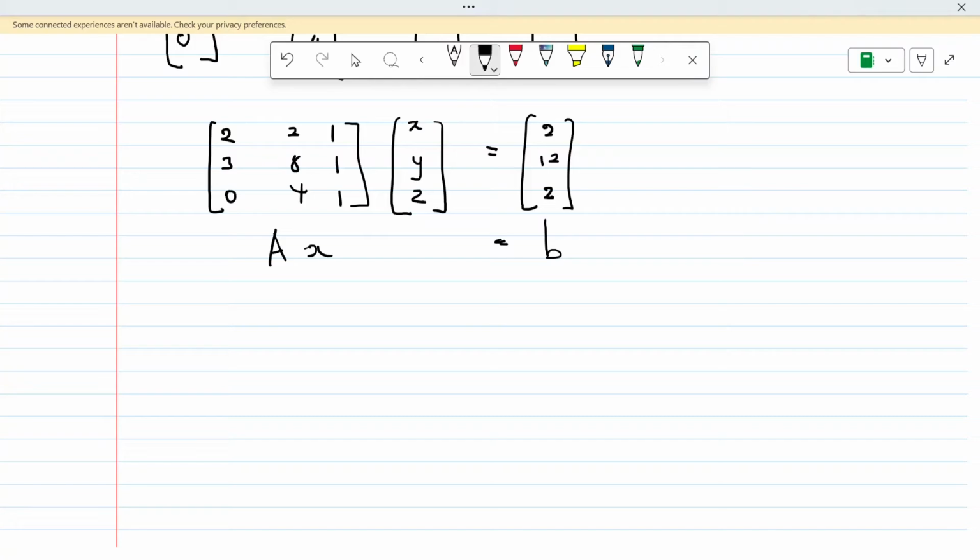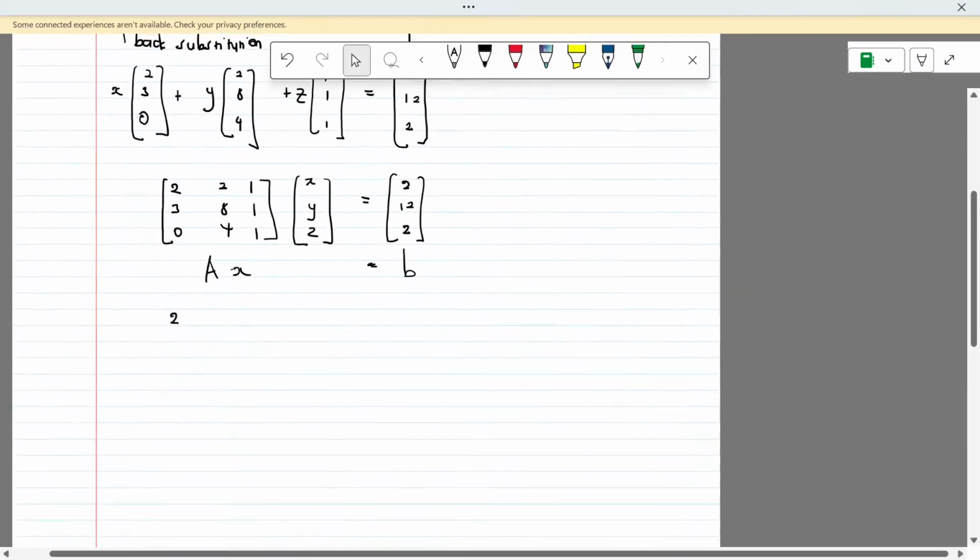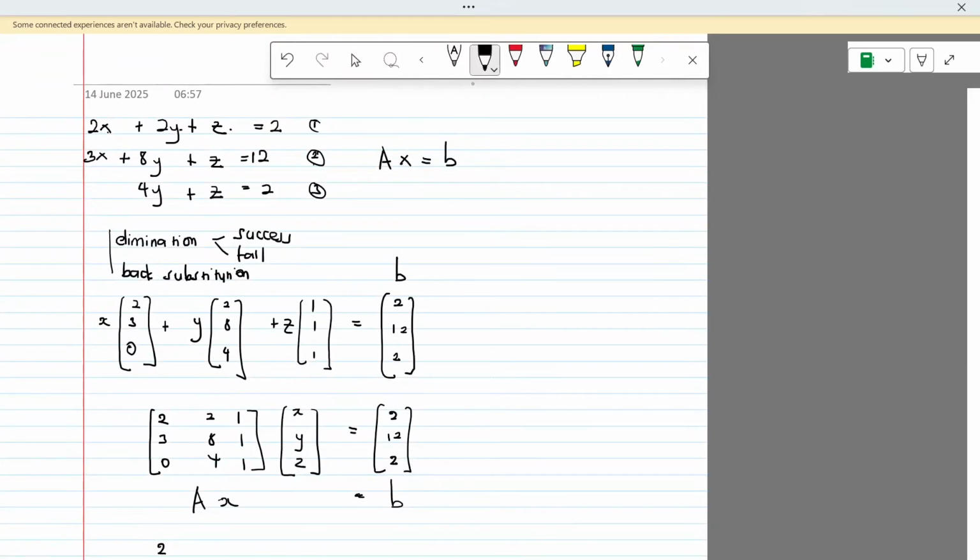The first step is we have our values. We have the equations 2x, plus 0y, 0x.